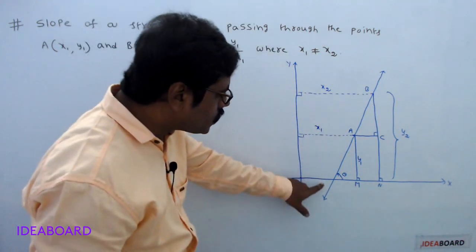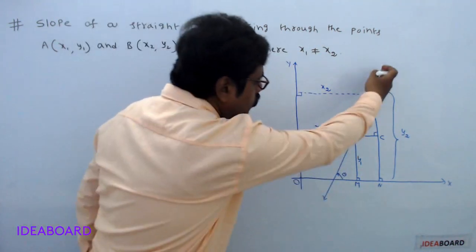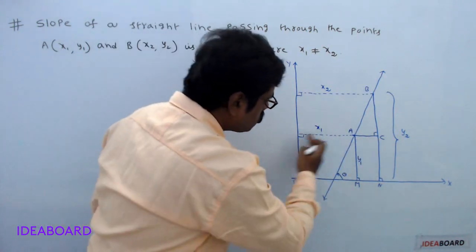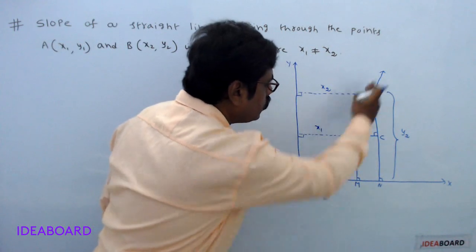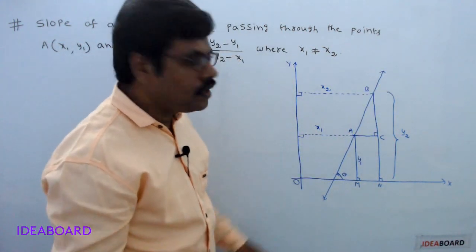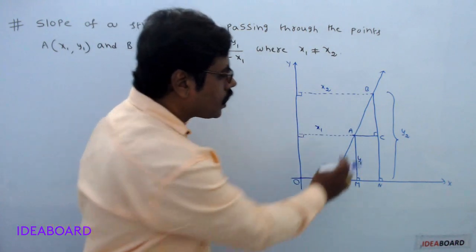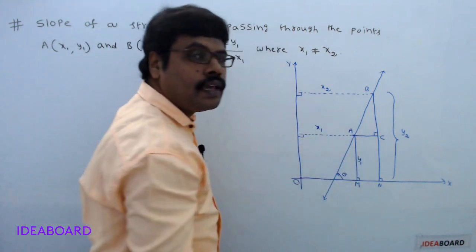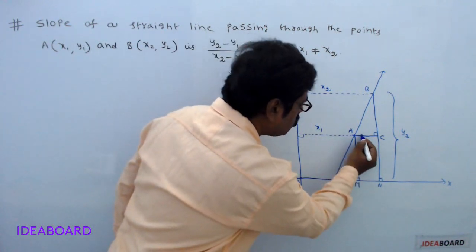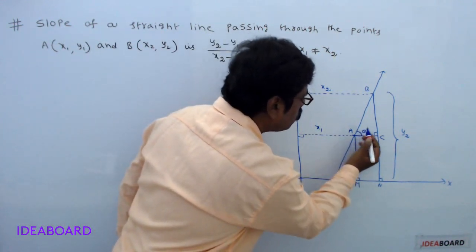If these two lines are parallel, then this line acts as a transversal. We know that for a transversal, corresponding angles are equal. So this angle is also equal to theta.